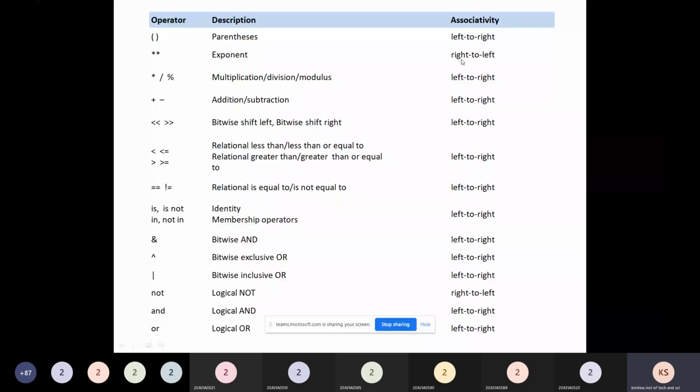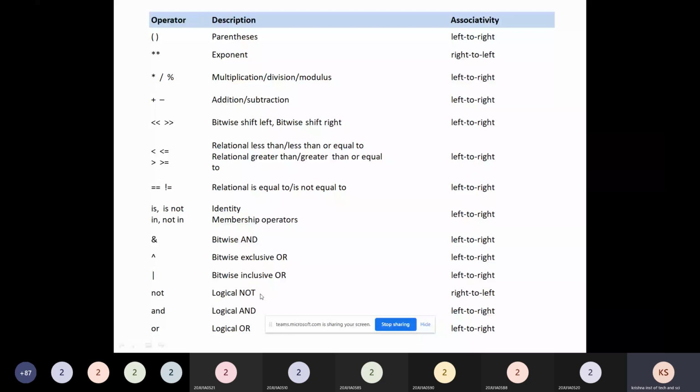Multiplication, division, modulus, addition, subtraction, bitwise, relational operators all have left to right associativity. Logical not follows right to left associativity.